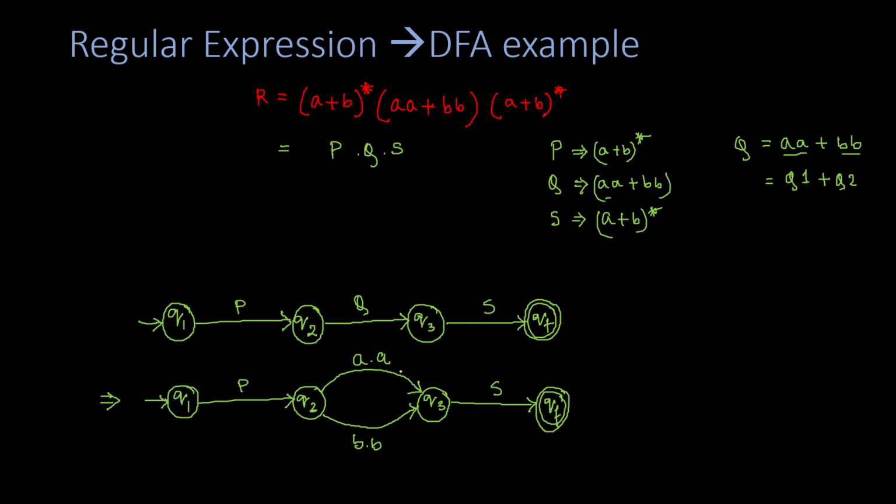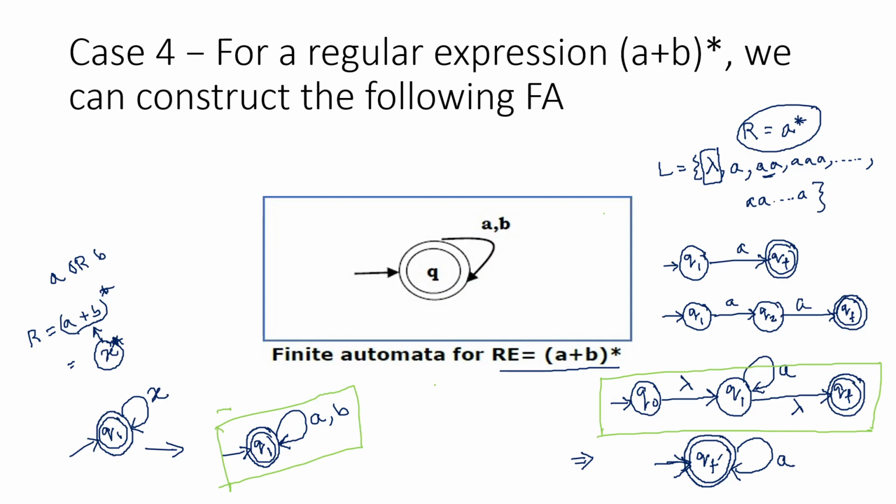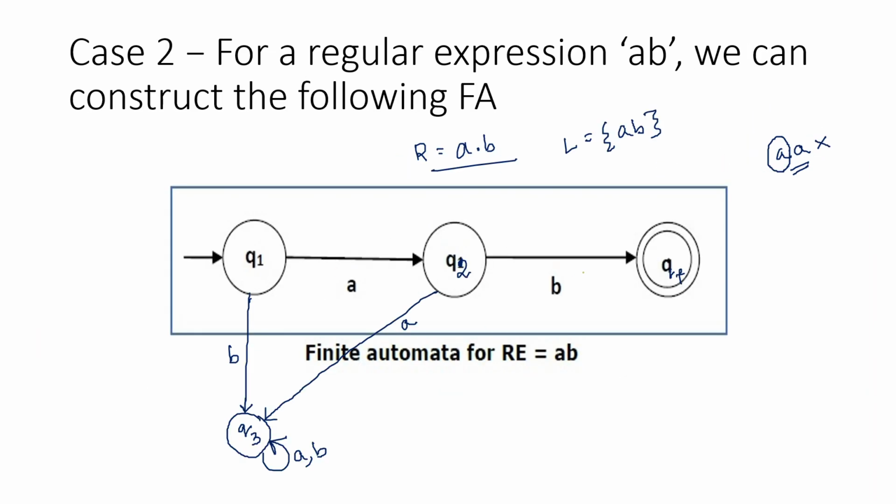That means I have to break this path. If R is A dot B, then the corresponding NFA should be Q1 to Q2 on A, and on B from Q2 to QF.